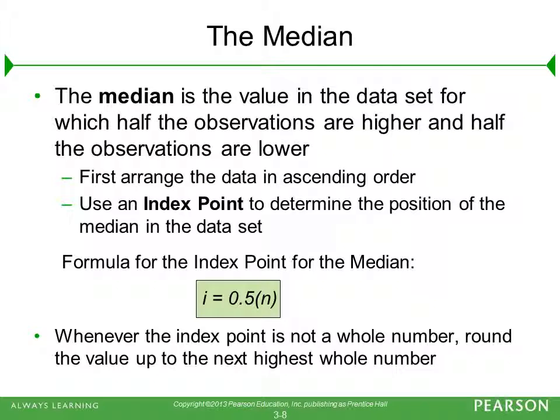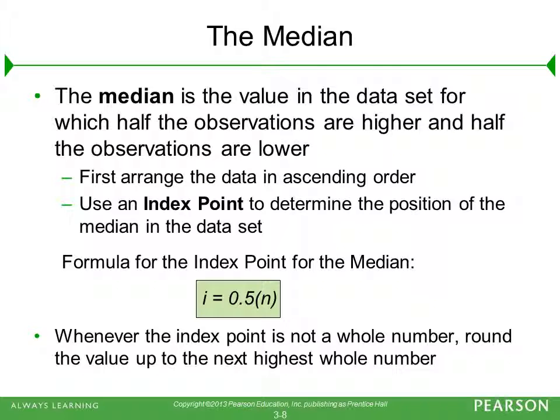If you have an odd number of observations, the median calculation is very easy. For example, if you have 13 observations, you can have 6 on one side and 6 on the other after you have organized the values in ascending order, and then you pick the middle value.